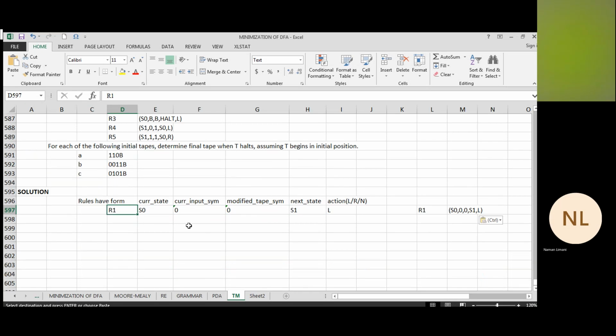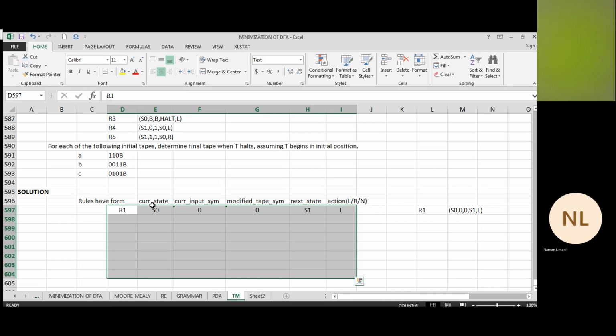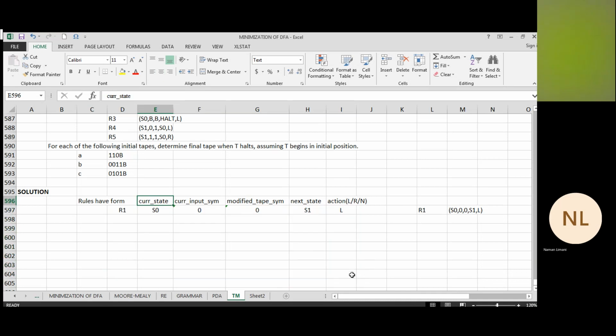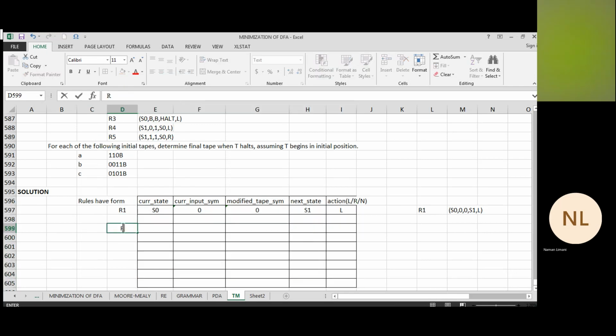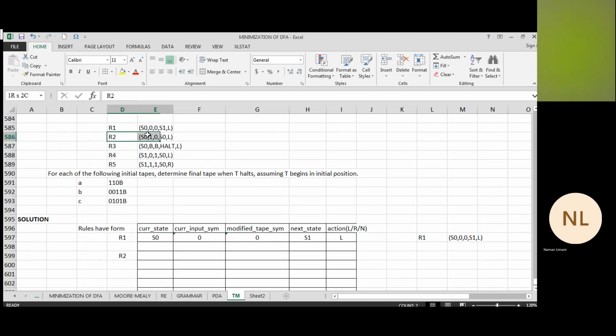So here we will form a table of this and we will include R2 also in one cell blank. So R2 is saying what?